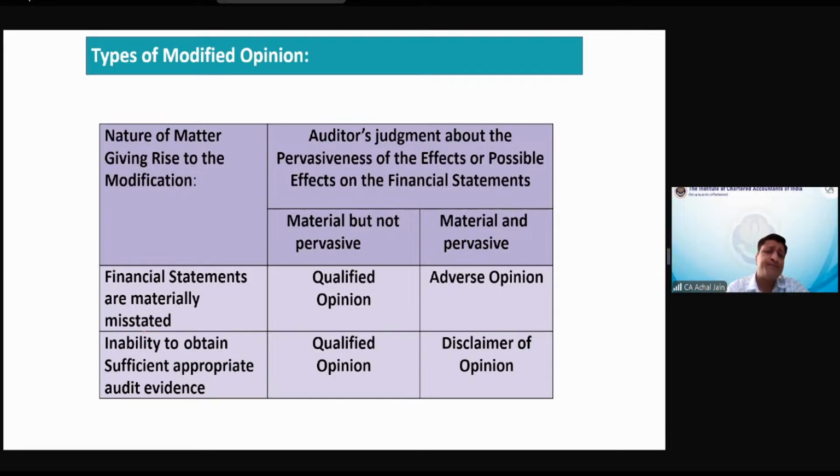So now for the modifications to be included, and before we really get on to the modifications, an auditor may come across two types of situations.